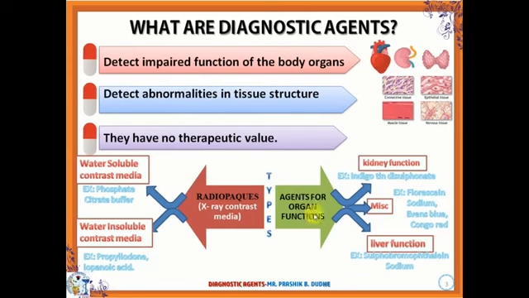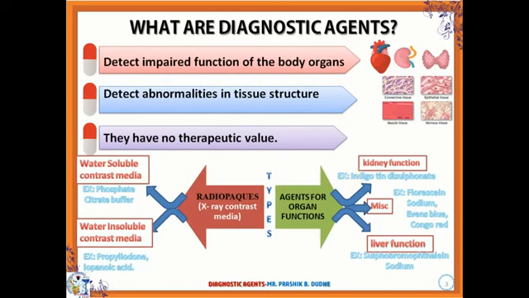The agents for organ function test are used. There are various agents used on different organs, like in case of kidney function, indigo tin disulfonate is used.